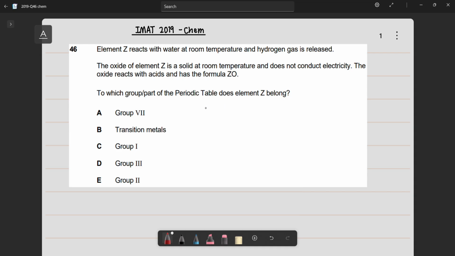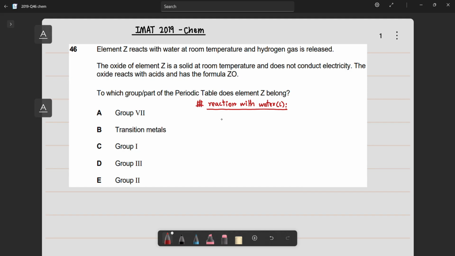So I'm going to write here the general chemical equation for the reaction with water. This is at room temperature, so we know generally the water will be liquid.